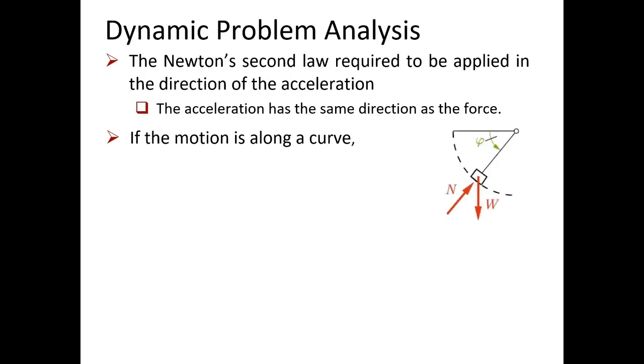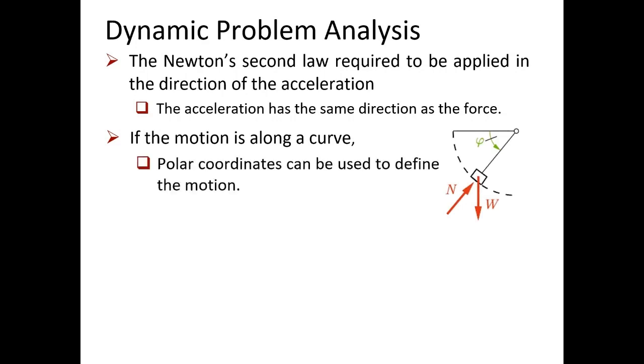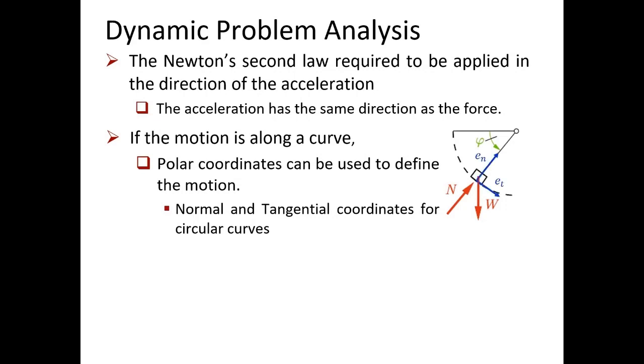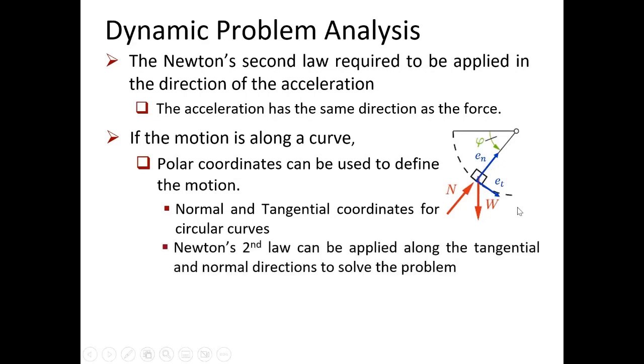So, if it is a motion along a curved path, like what we just looked at, we could use polar coordinates, and these polar coordinates will become tangential and normal coordinates if it is a circular path, because the theta direction becomes tangential and the r direction becomes radial, or the normal, in the case of a circular curve. And then, of course, these are the two unit vectors that we use to define these quantities.